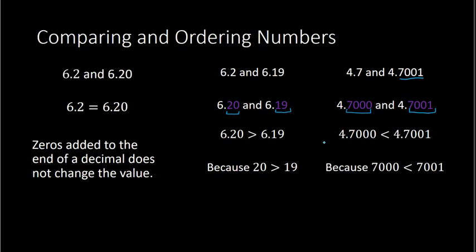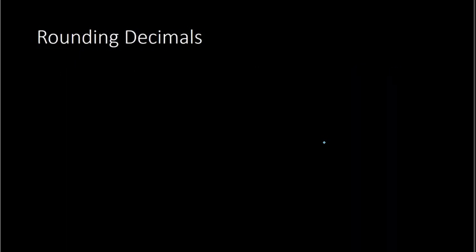Now lastly, we need to know how to round decimals. The rounding process is exactly the same as without decimals. So for example, if you had 1.45836 and you were told to round to the nearest tenth. So you're rounding the 4, and to round, we look at the number after it, so we're looking at the 5.